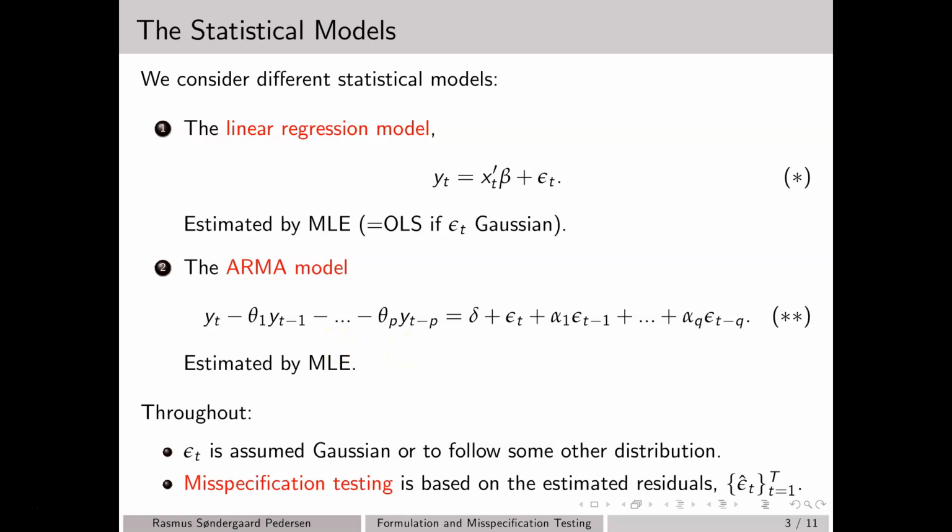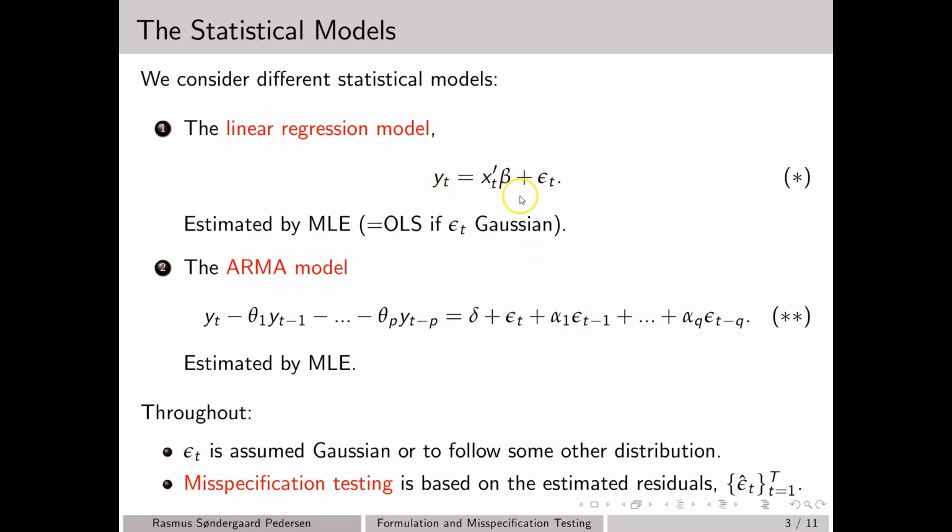Another class of models that are relevant is the class of ARMA models, and we can estimate this by maximum likelihood estimation. In this setting, we will assume that epsilon t has some distribution that might be unknown, and for a particular test, we will assume that the error term is Gaussian. In practice, we of course do not observe the error term, but based on the estimated parameters, we can compute the estimated residual.